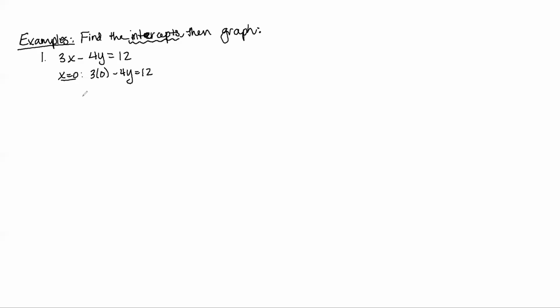We're plugging them both in separately. 3 times 0 is 0 minus 4y equals 12. 0 minus 4y is just negative 4y. So you can kind of just ignore that 0 term in the beginning. And now if we divide both sides by negative 4, we get y equals negative 3.